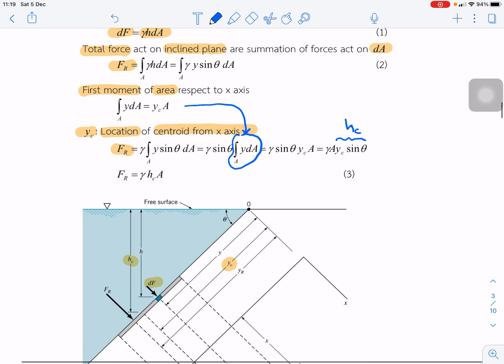So we can prove that the resultant force is equal to gamma HC times area.